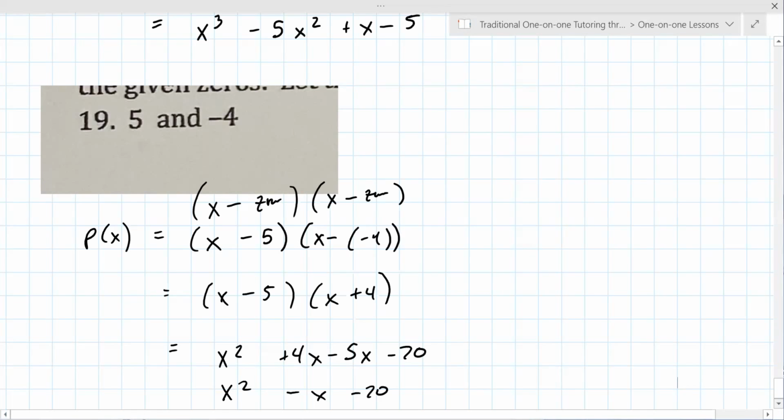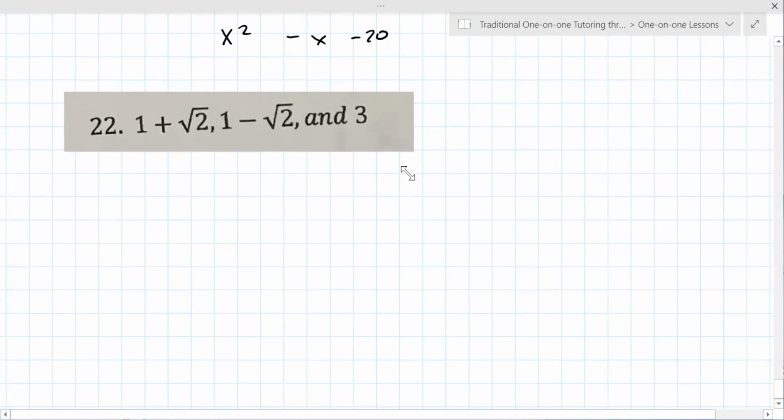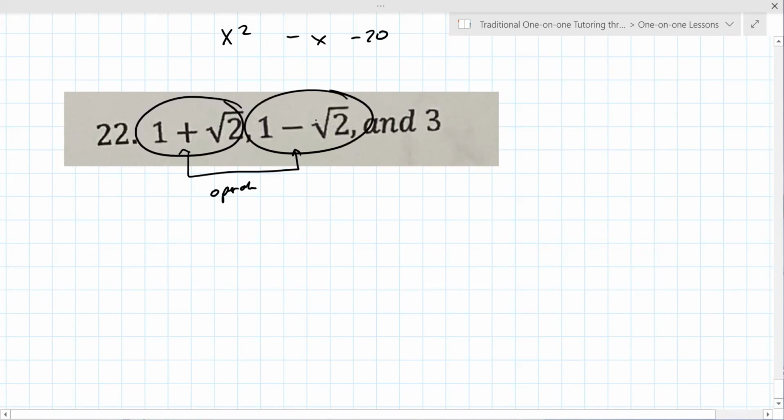All right. So it's very similar to the first two that we did on this page, except that it's roots instead of i's. But do you see how these are just switched operators? Yes. That's because these are conjugate pairs, 1 plus, 1 minus. So you still do the same thing. It's x minus the 0.